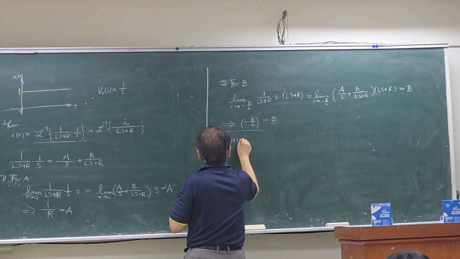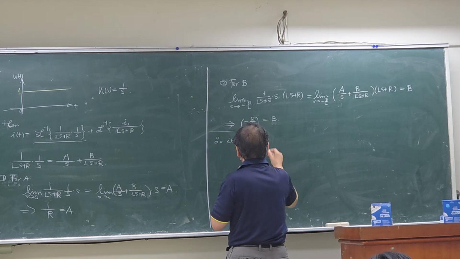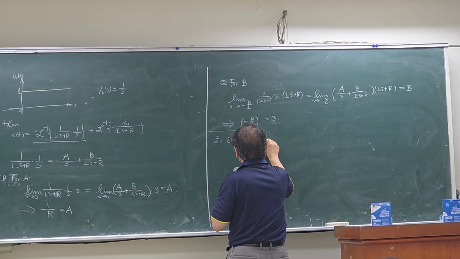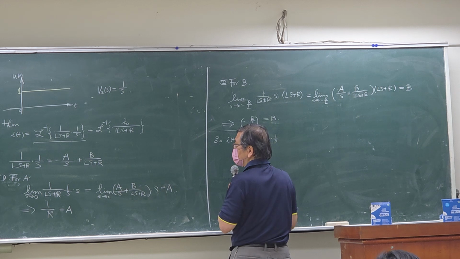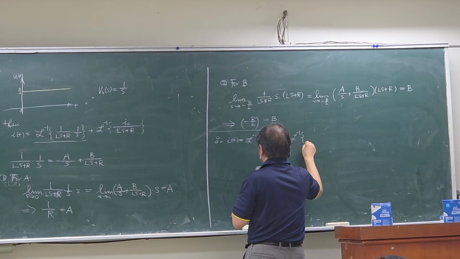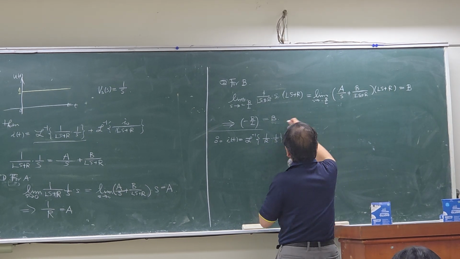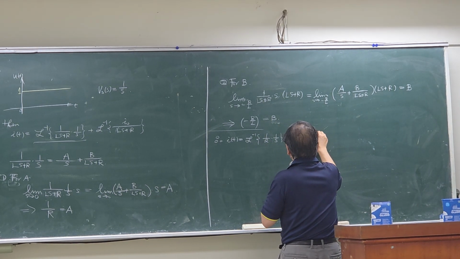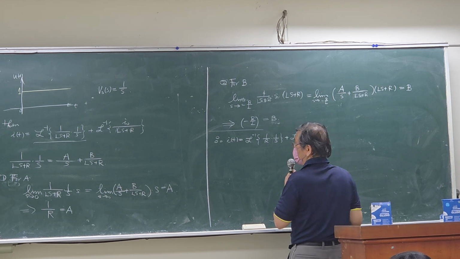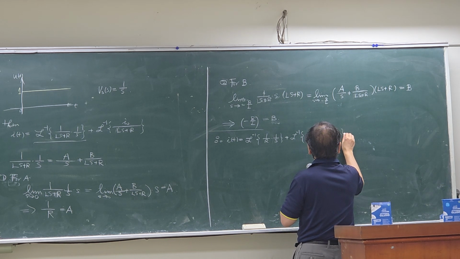I(t) is the inverse Laplace transform of A, which is 1 over R times 1 over s, plus the inverse Laplace transform of B over (s plus R), and that is negative 1 over R times 1 over (s plus R).